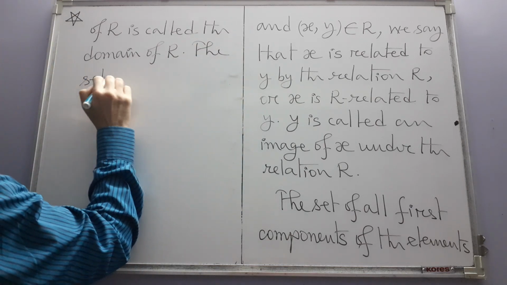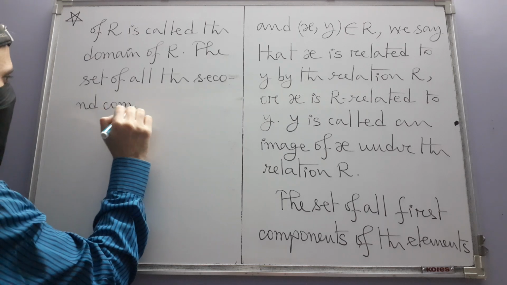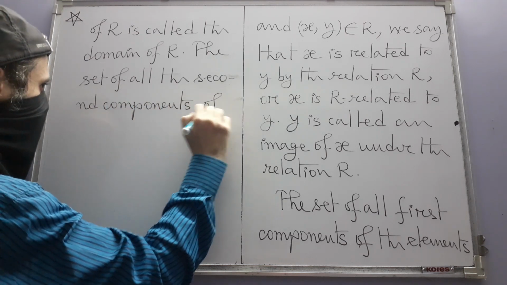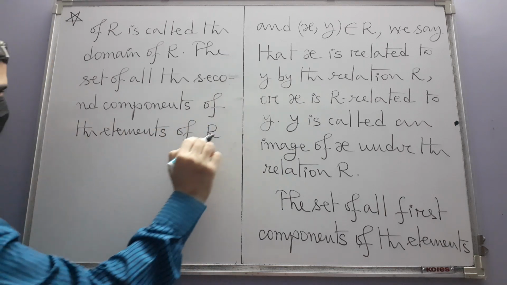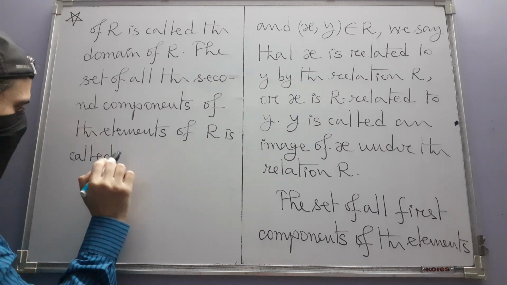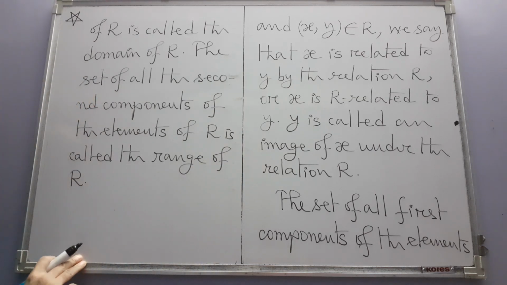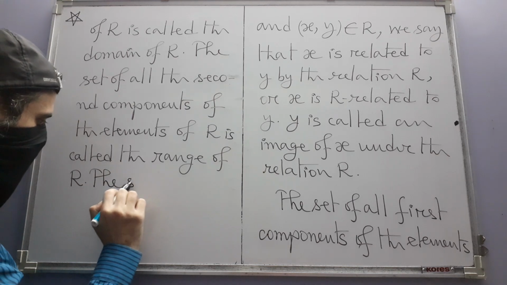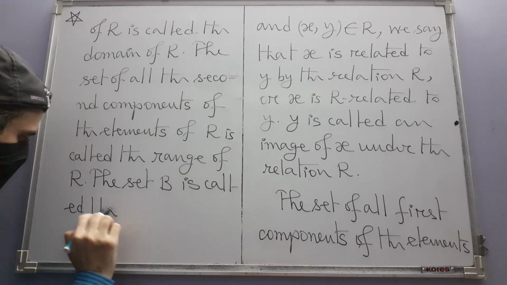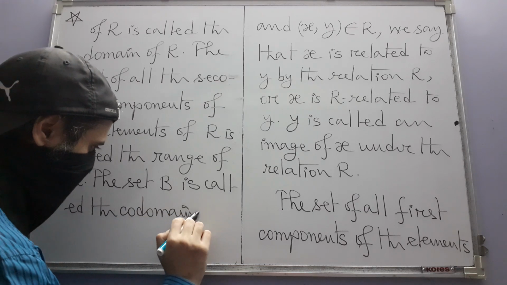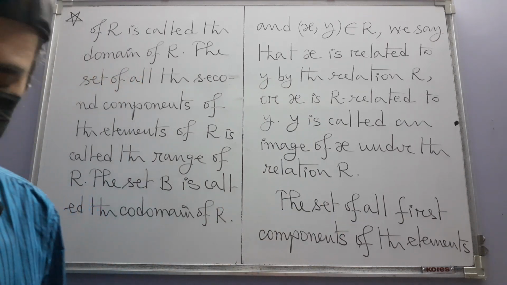The set of all the second components of the elements of R is called the range of R. And besides these two things, the set B is called the codomain of R. Now, it's a little difficult to really understand what these sentences are saying without any example.